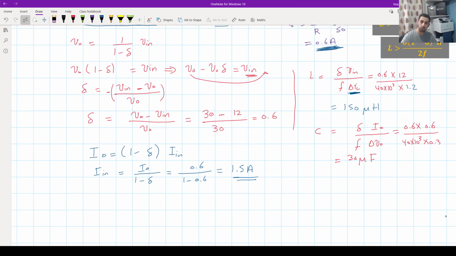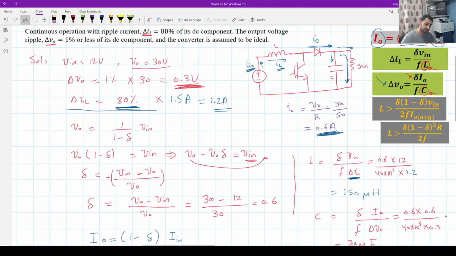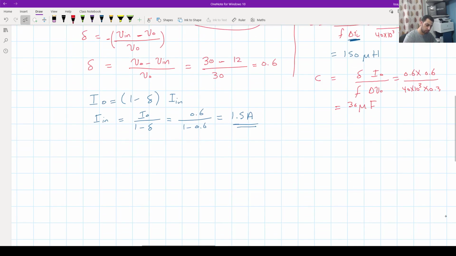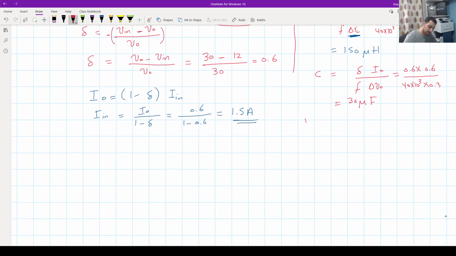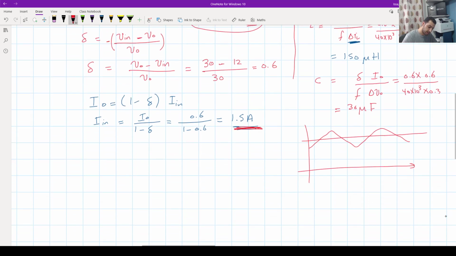And that's good. I think we calculated the inductance and capacitance value, but to specify the current of the diode and also the transistor, we have to know the inductor ripple. Okay, so we have here the inductor waveform will look like this. Okay, and the DC value here, we mentioned that it is this value, okay, which is I input value.